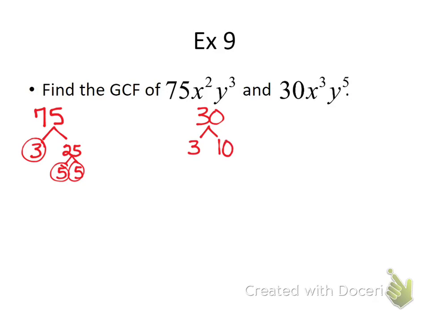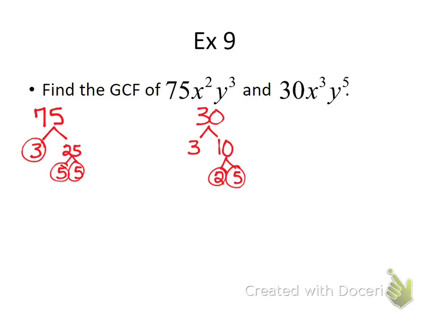What do I do next? You're going to not simplify, but factor. And you can take 2 times 5 to get 10. Then what? Circle what? 2 and 5, because they are prime numbers.